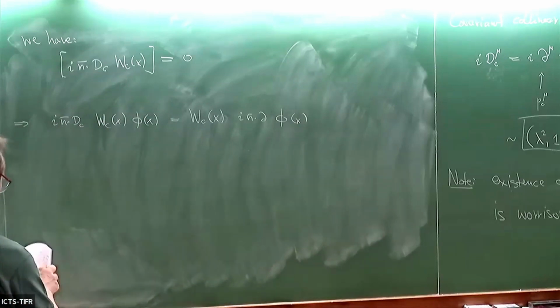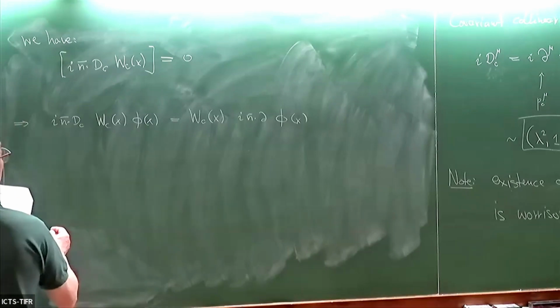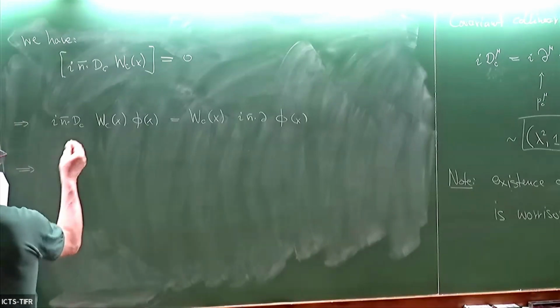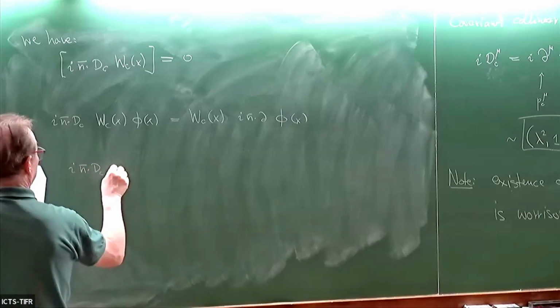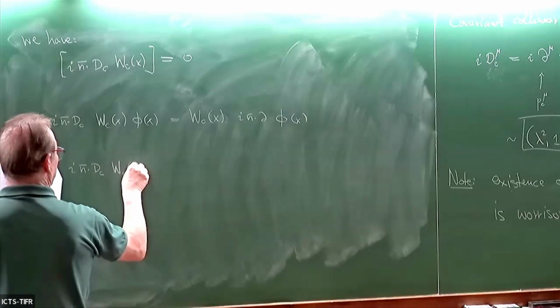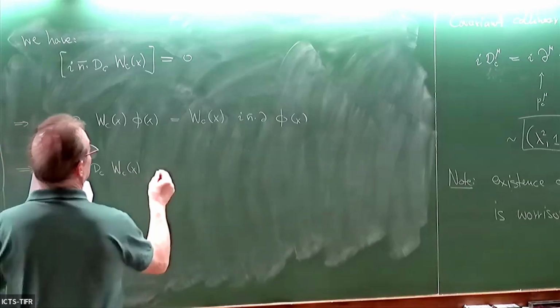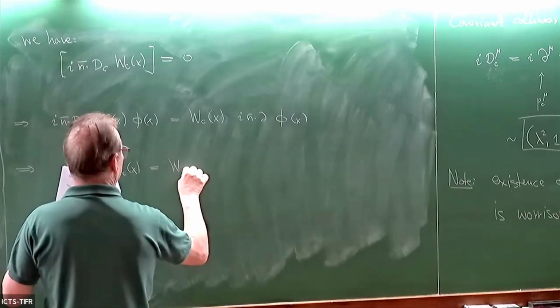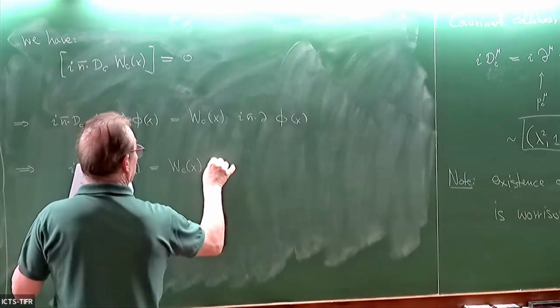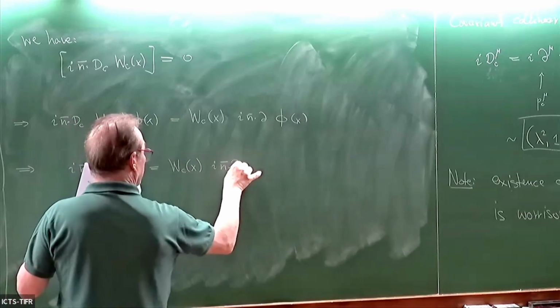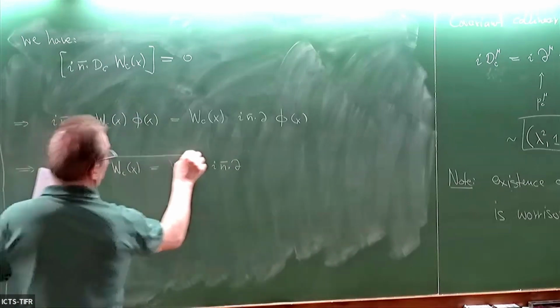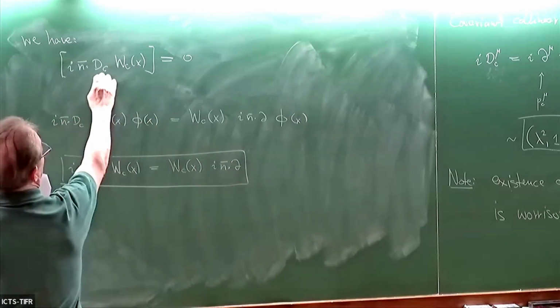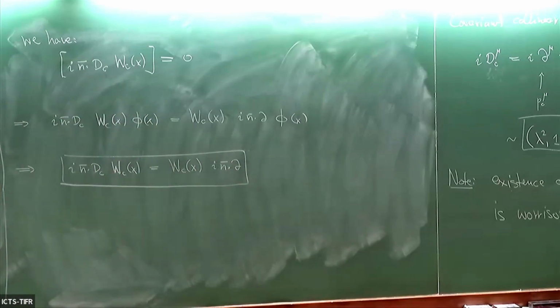So in other words, as a differential operator, I can write this as i n bar dot D_C acting on the Wilson line and whatever comes after it is the Wilson line times an ordinary differential operator. So this is another way of writing the same relation up there.